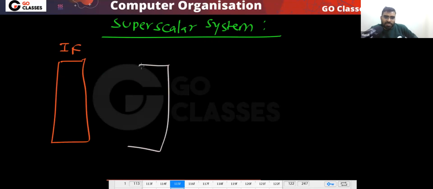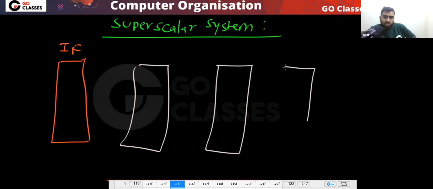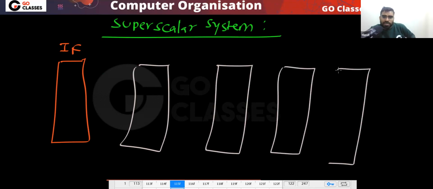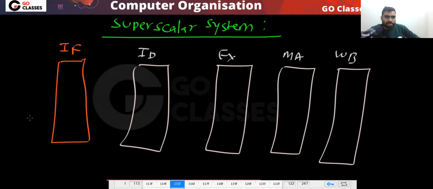In the instruction fetch, you can fetch many instructions simultaneously. In the instruction decode, you can decode many instructions simultaneously, and you can execute many instructions simultaneously, and so on. Basically, you have a lot of hardware.